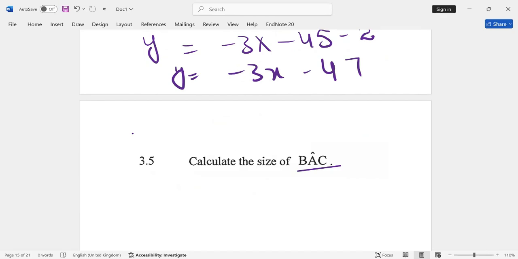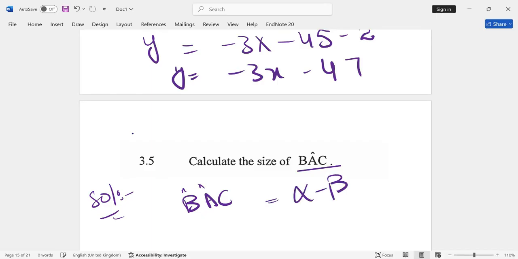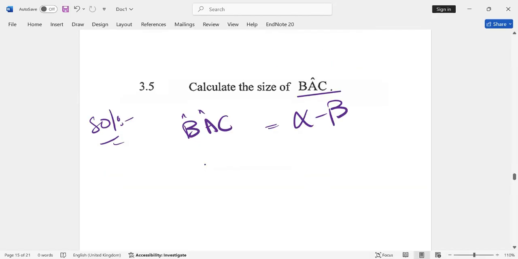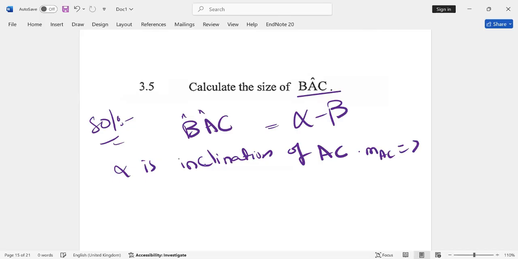BAC equals alpha minus beta, where alpha is the inclination of AC, where the gradient of AC equals 2, and beta is the inclination of AB, where the gradient of AB equals 1 by 3.